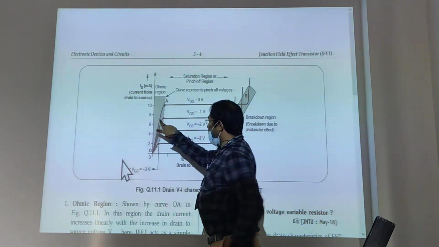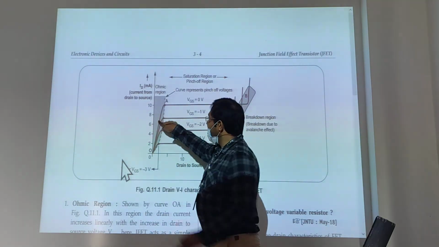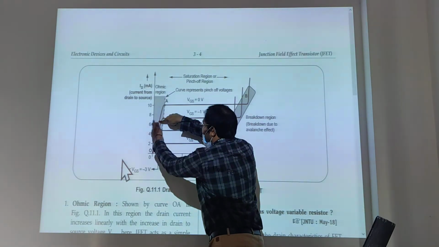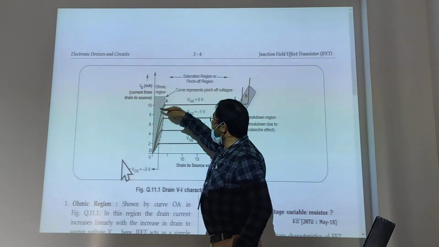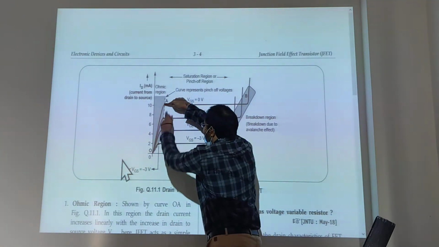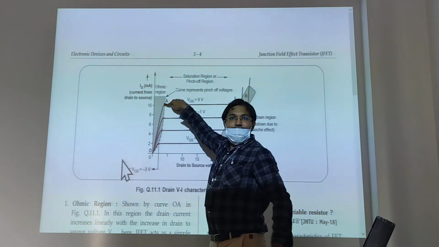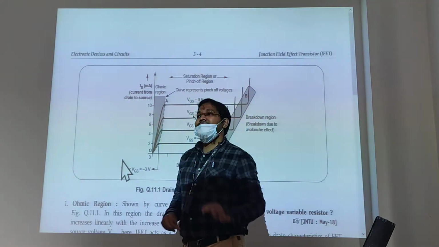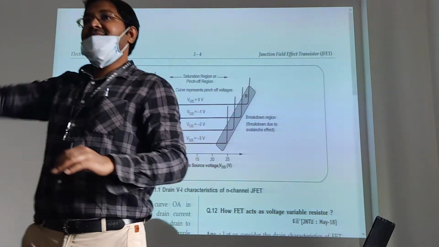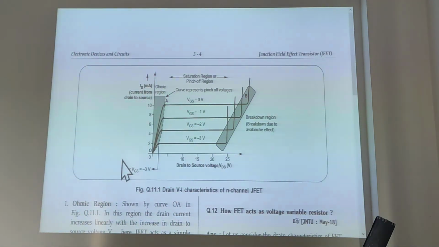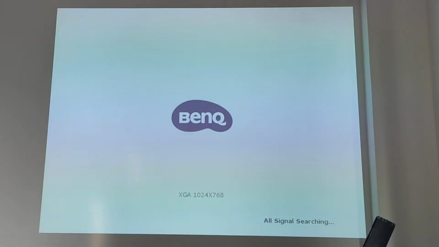Whether you take this point, voltage by current, or you take this point, voltage by current, the value you get will be the same. Draw any straight line passing through origin. Take a point anywhere on the line. The corresponding x value by y value will always be the same, right?